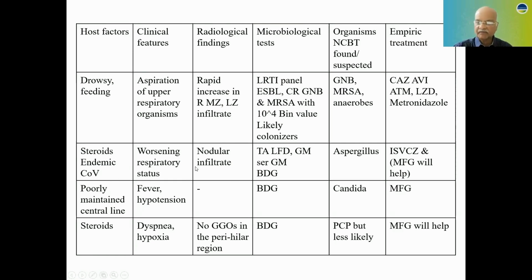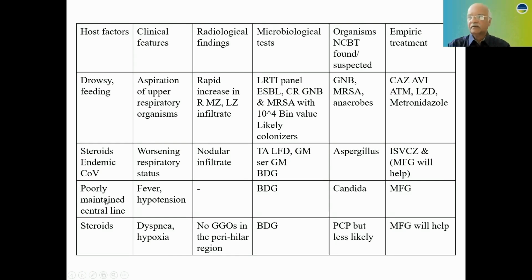You saw that there was an infiltrate which did look nodular, and we found that the tests for aspergillus were also positive. So that has to be suspected in this situation. And maybe what we did was to start with isavuconazole, and then micafungin, which was also started, would be perhaps helpful for aspergillus as a second drug.